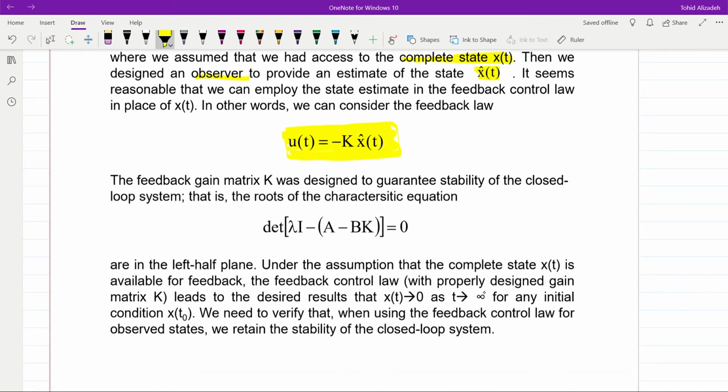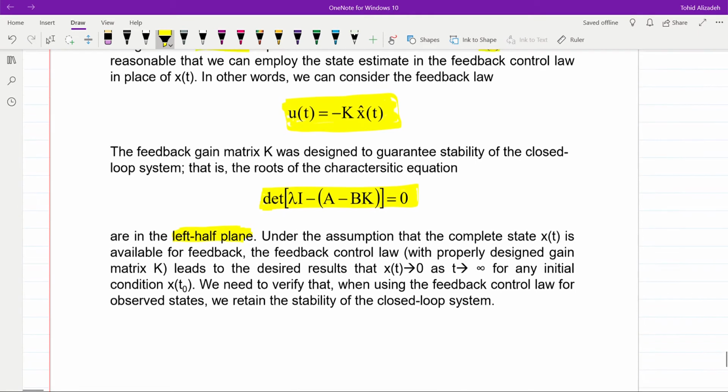So we needed to have the roots of this characteristic equation, which is the characteristic equation for the closed loop system. Indeed, it gives the closed loop poles of the system. We needed to have the roots of this characteristic equation being on the left half plane and being in locations such that we get a proper performance for the closed loop system.